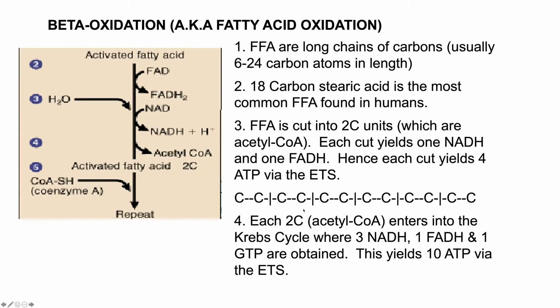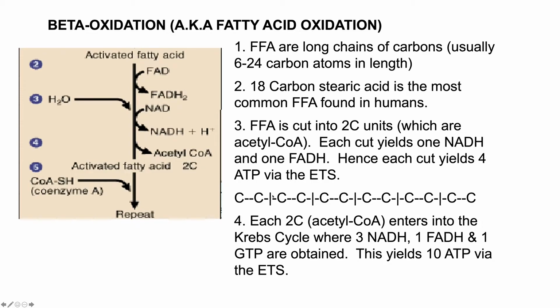And you can see right here, just think of these as the cuts. So you have 1, 2, 3, 4, 5, 6, 7, 8, 9, 10, 11, 12. 12 carbons. So how many acetyl-CoAs are going to be given off? 1, 2, there's 1 acetyl-CoA. Here's an NADH, FADH given off as well.